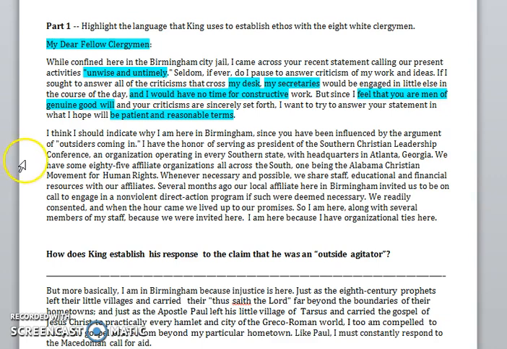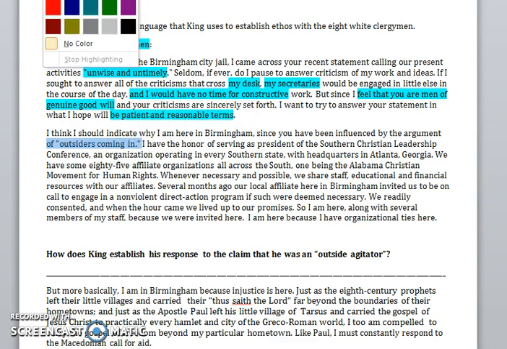All right, then it says, I think I should indicate why I am here in Birmingham, since you have been influenced by the argument of outsiders coming in. And again, this was from their letter.